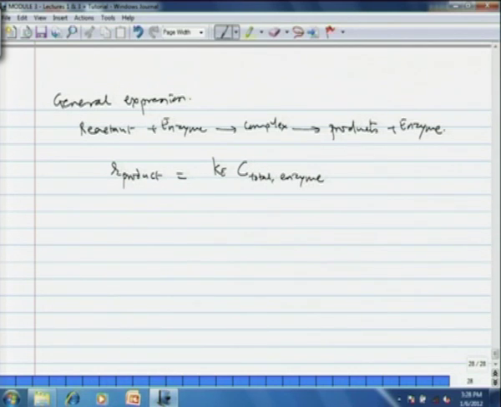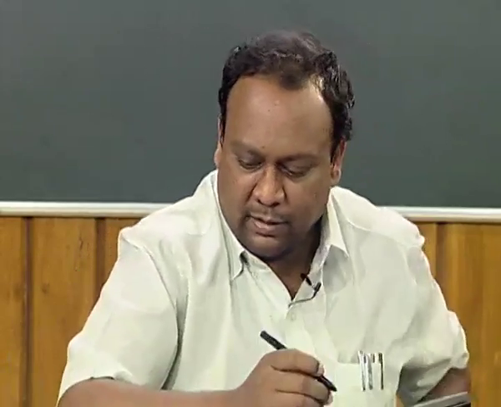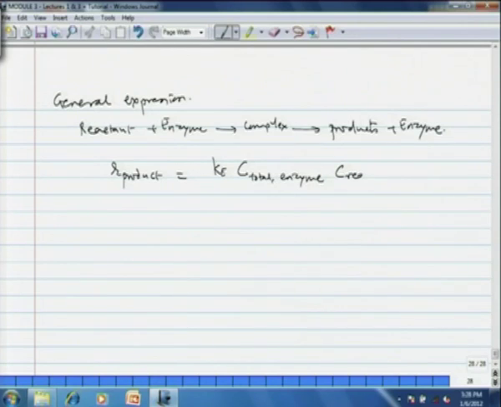Of course, total enzyme may not exist in free form because some enzyme will always be coupled to the substrate, but we take into consideration the total enzyme concentration in this particular analysis. Then, divided by K_m plus C_reactant, where the concentration of reactant or substrate is C_reactant and K_m is a constant. This is a general form of the earlier expressions.